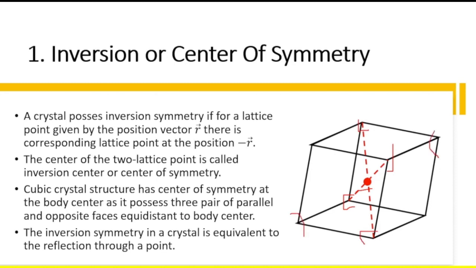So in total it possesses three pairs of parallel and opposite faces equidistant to the body center. Thus, the inversion symmetry in a crystal is equivalent to the reflection through a point. As you can see, the reflection of this point is this point, and the reflection of this point is this point. And this is the point of reflection.